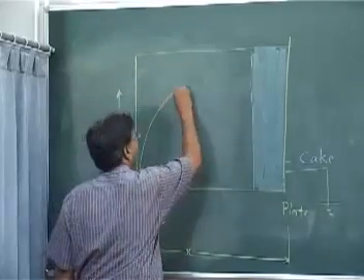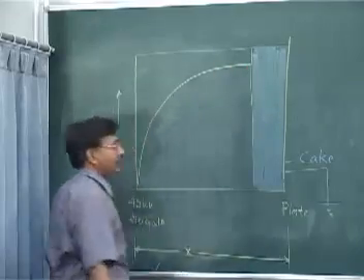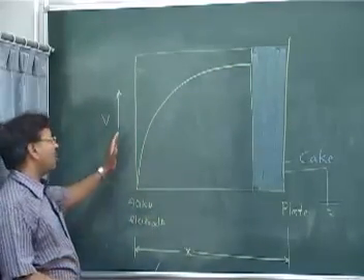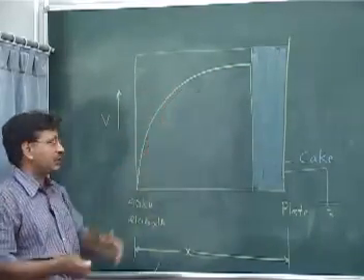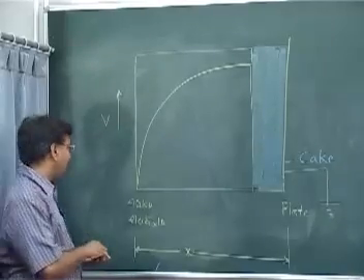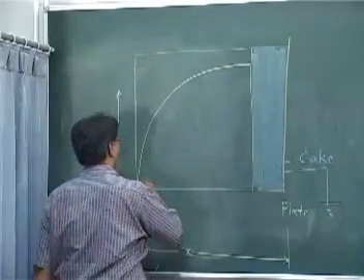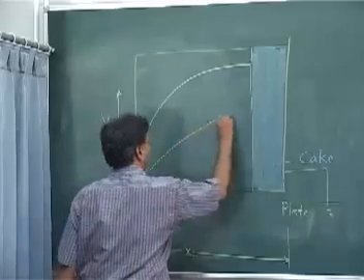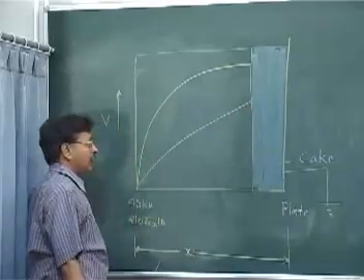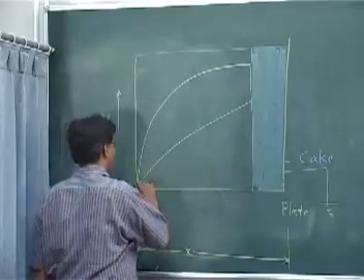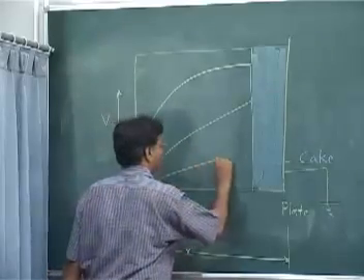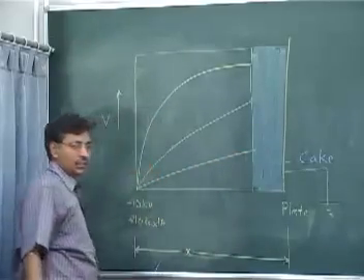I have a picture something like this. The voltage will not drop so easily. If my resistivity is moderate, I will explain what is the meaning of moderate, it may look like this, and if resistivity is too high, then I get the picture like this.